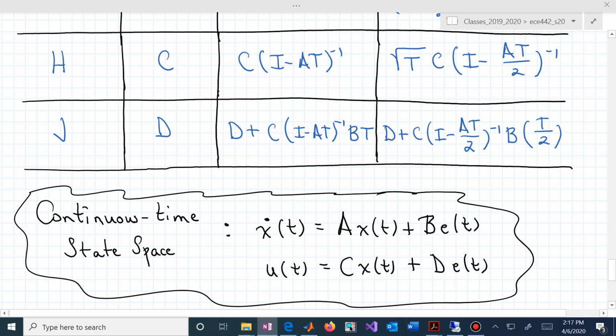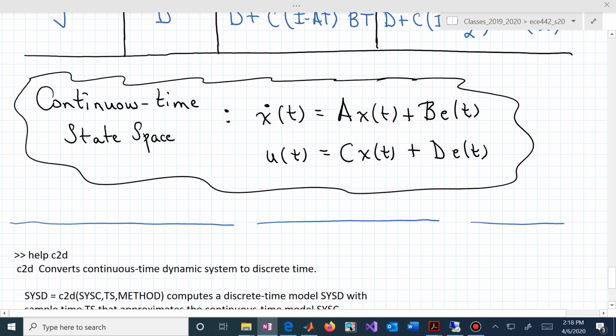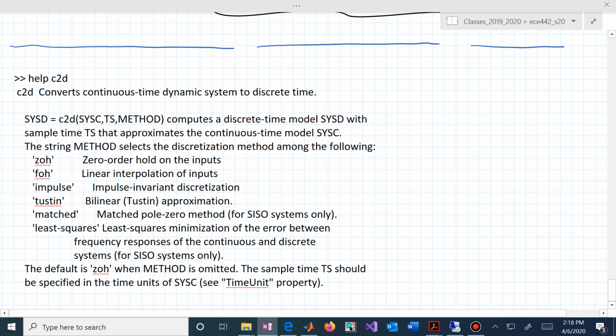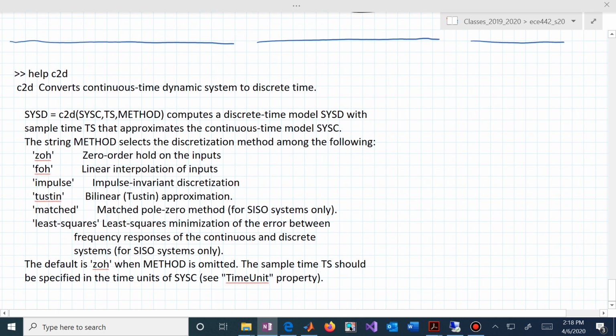After this class, if you're actually doing some of these discrete equivalents, you probably will let MATLAB do that for you, but now you understand what that represents. And for MATLAB, you can do it many different ways. You could do a zero order hold, and that's actually the default. If you didn't specify the method, if you just used two arguments, argument 1 and argument 2, in the C2D function, it would default to a zero order hold equivalent.